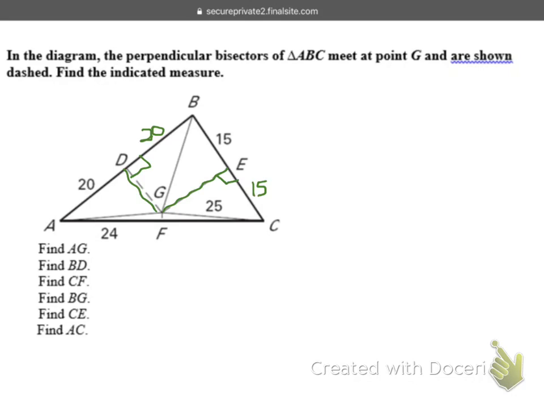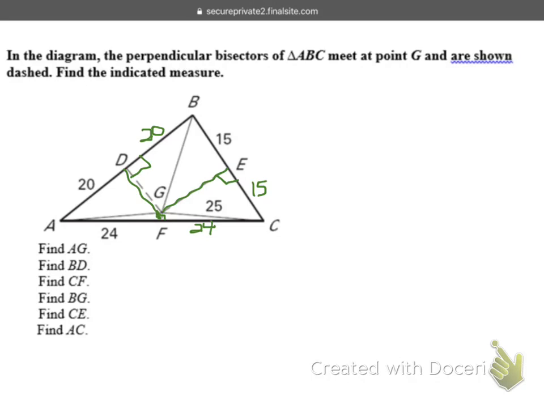It's just little GF, and I can't even really touch it without making the screen change. So that's a little right angle, and if AF is 24, because that was a perpendicular bisector, then FC is 24.